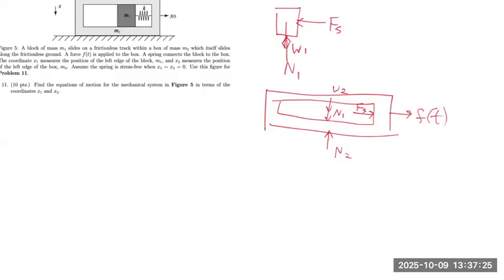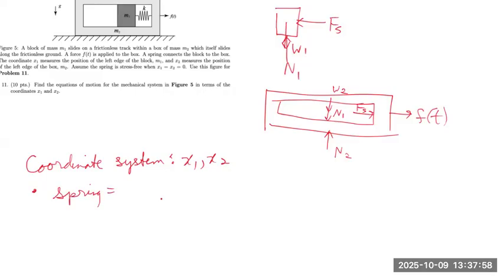Yes. So now that we have our free body diagram, the next part is to come up with force balance equations. So the coordinate system associated with it is x1, x2, and the force-motion relationship is for the spring.